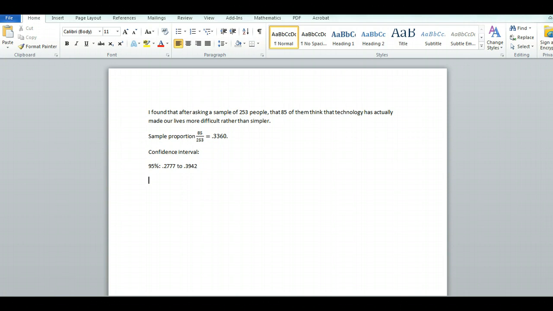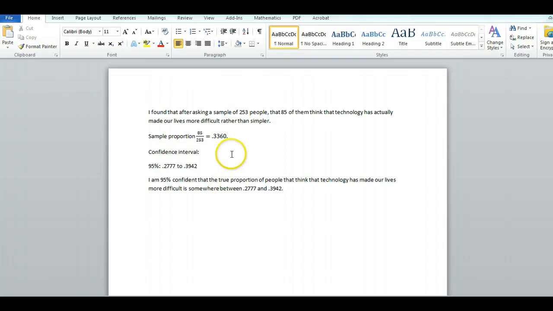So interpreting this in context means I am 95% confident that the true proportion of people that think that technology has made our lives more difficult is somewhere between 0.2777 and 0.3942.